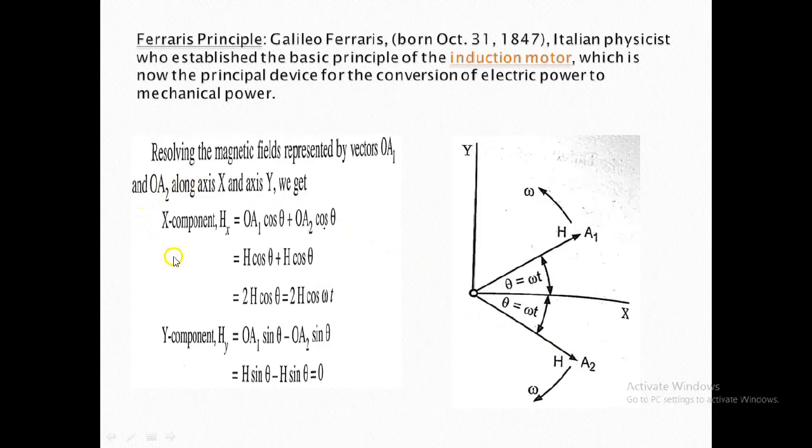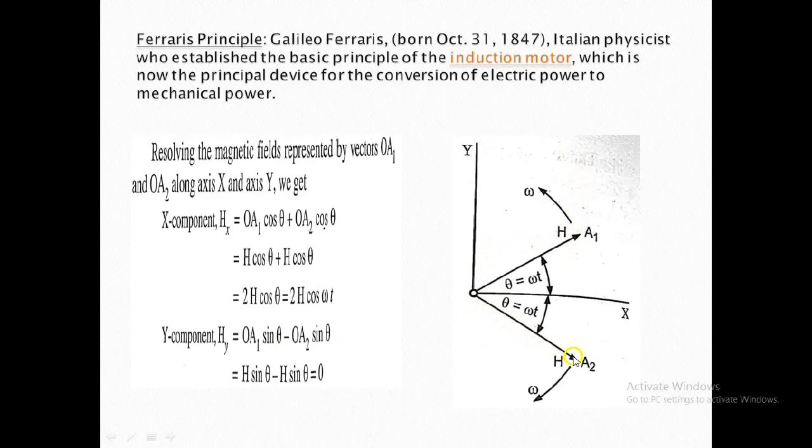Finally, if you find the resultant flux along the x component, it is OA1 cos theta, the component of the flux OA1, plus OA2 cos theta, the component of the flux OA2, which gives 2h cos omega t. Similarly, along the y axis, the resultant flux is OA1 sin theta, because OA1 is in the upward direction.